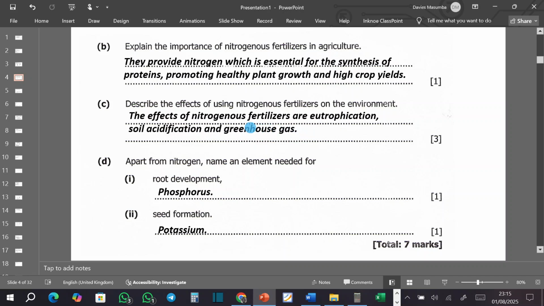If the fertilizers go in water, they cause the process called eutrophication, where the river water becomes so fertile that there will be a growth of a green plant which is called alga.